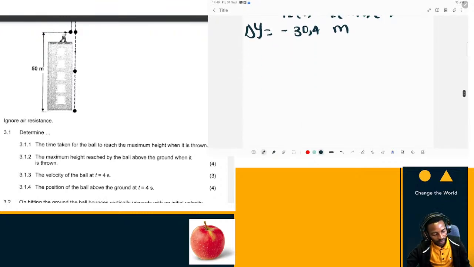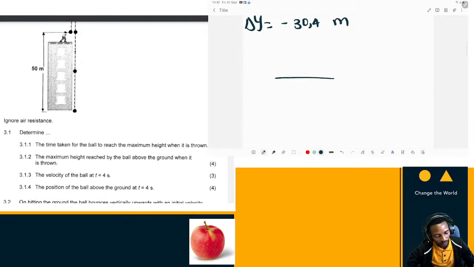All right, okay, let me try to illustrate this via a diagram. So we have a thrower here. Then I'm going to treat the position where the thrower was as our 0.